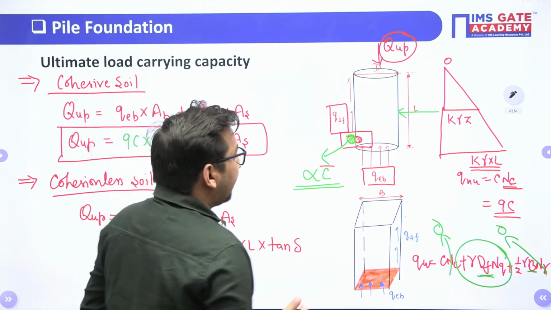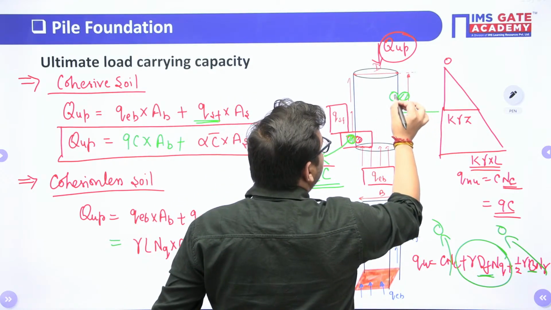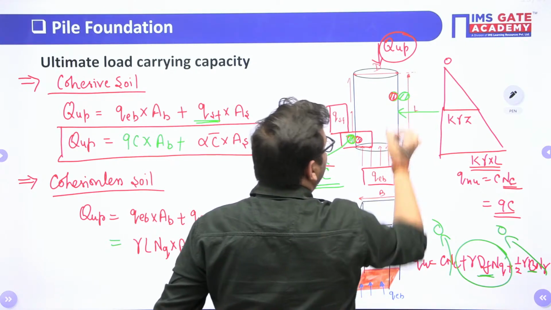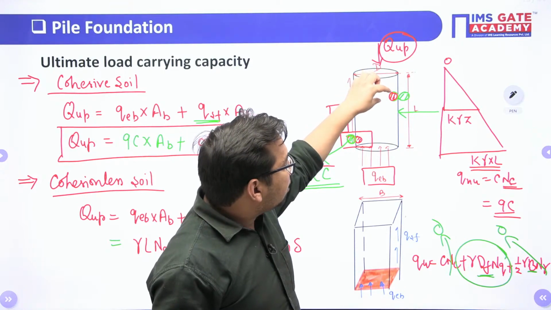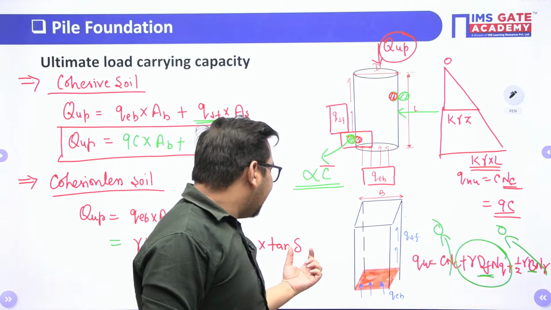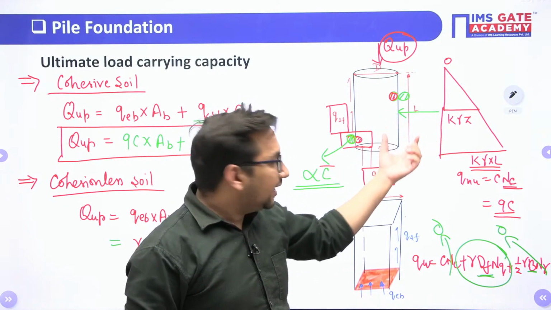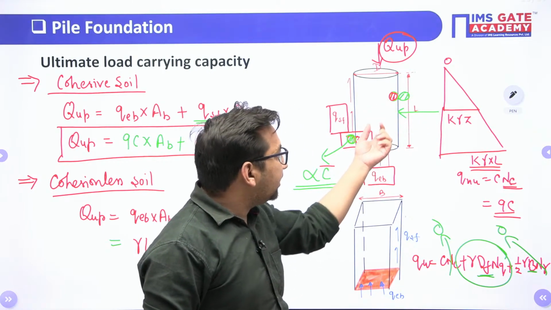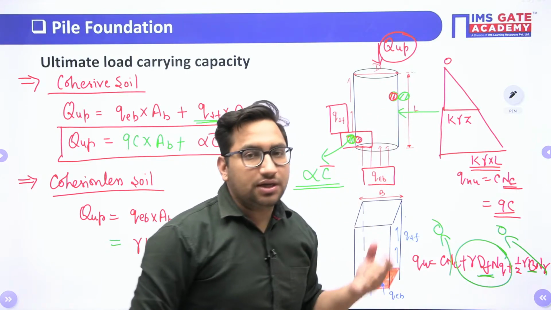Mu is the friction coefficient, which is nothing but tan of the angle of friction. If it were the interaction of soil to soil, this delta value could be the angle of internal friction of soil. But here, as there is interaction between pile material and soil, you have to take into account the angle of friction between these two materials, right?